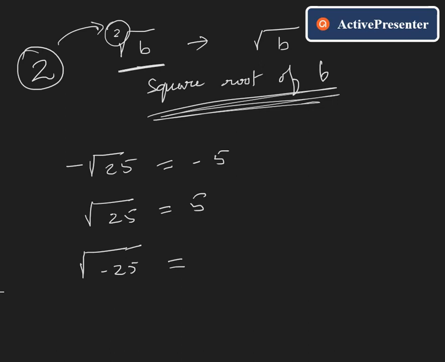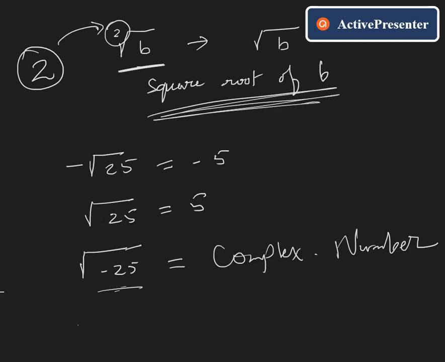This is not a real number, this is a complex number. Okay, you have to understand that. Here, of course, the index is 2, and here the index is 2, and here the index is 2, so it is positive even.